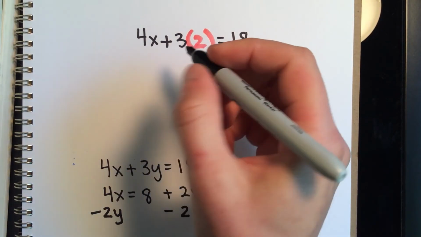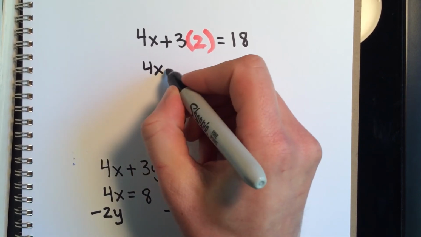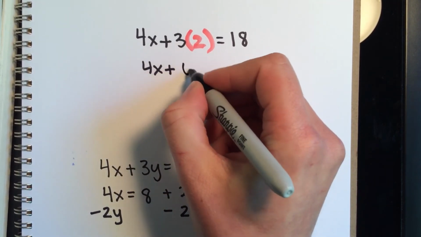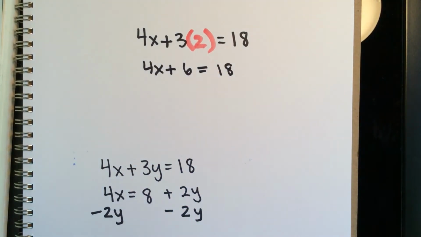Alright, so that is 4x plus 3 times 2 is 6 equals 18.